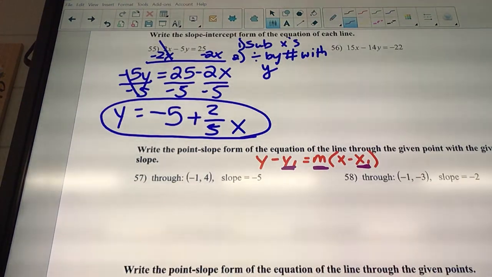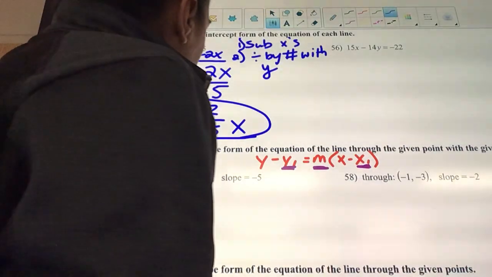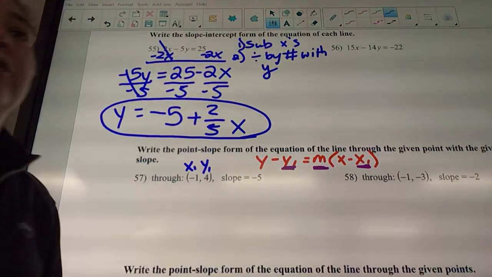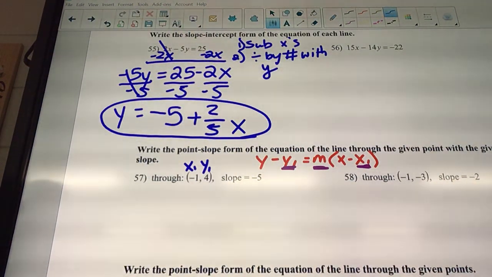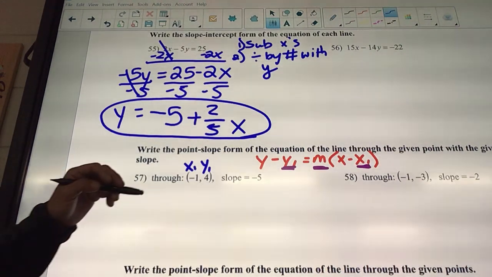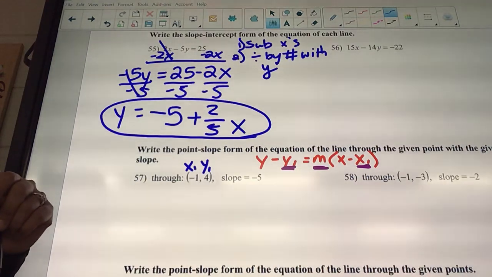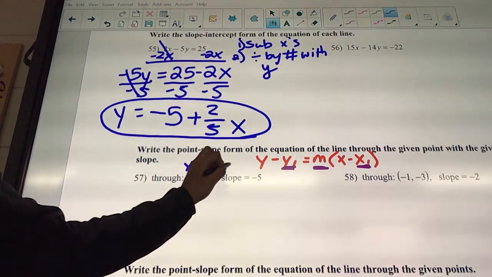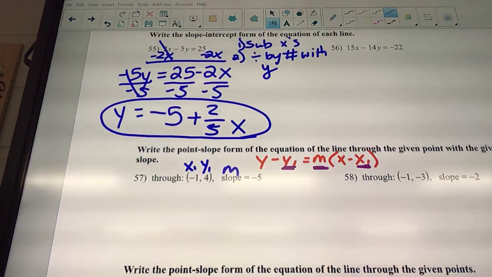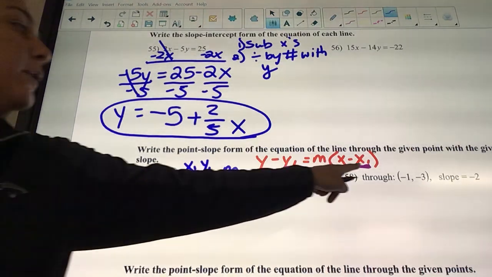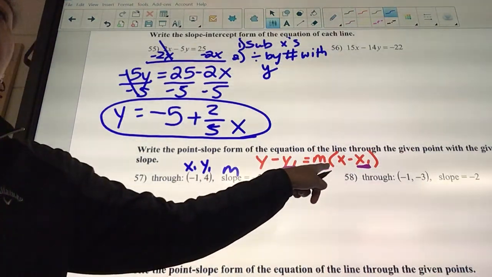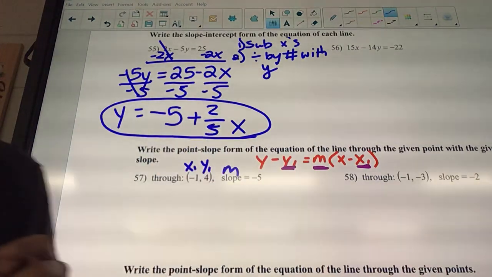So we can go through and label this as x1, y1, and what letter do we use for slope? M. We always use an M for slope. I can see here that I have an x1, a y1, and an M, so I have everything that I need to put into that formula.